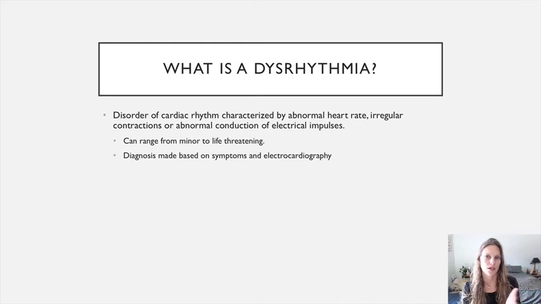So there's a pretty large continuum in terms of what a dysrhythmia actually is and how it's going to be treated. The diagnosis is generally made based on symptoms and also on electrical readings, known as an ECG. Electrocardiography is the diagnostic procedure that helps to diagnose these things.